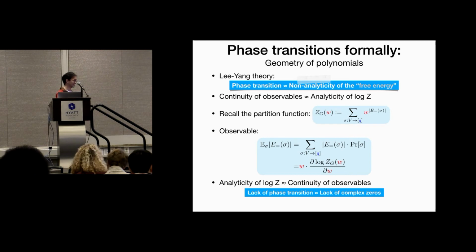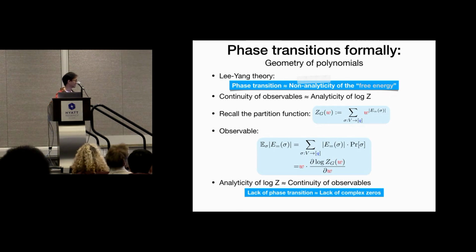So it's analytic everywhere else. And therefore, in order to see any phase transition at all, you have to look at the point where the partition function vanishes. Okay, so is this intuition clear?